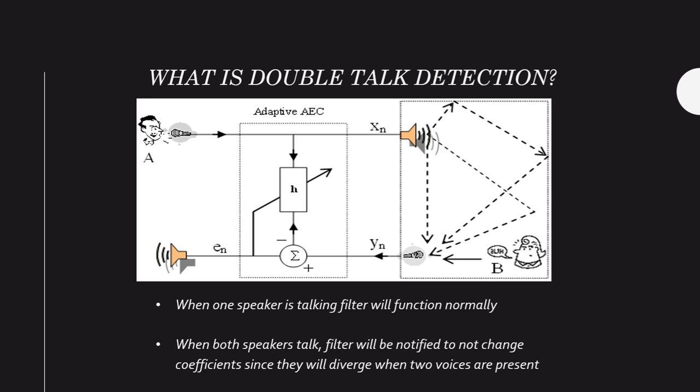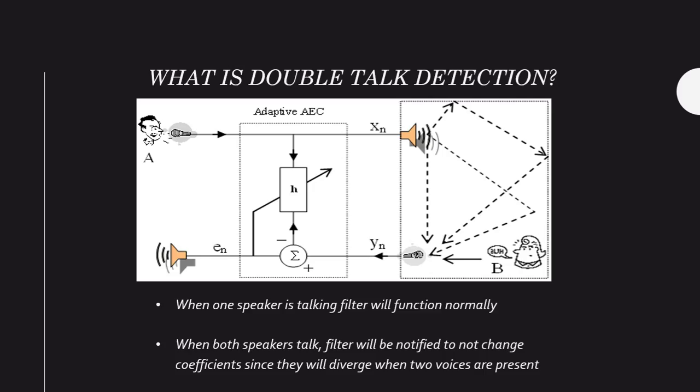Double talk is when there are two speakers talking at the same time. They're on a conference call or something, and they're both talking at the same time. This whole system involves an echo cancellation filter, and when one speaker is just talking, the echo cancellation filter is able to operate the normal way.